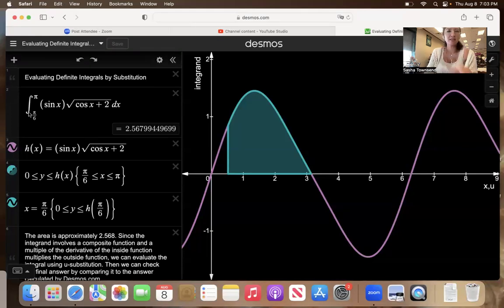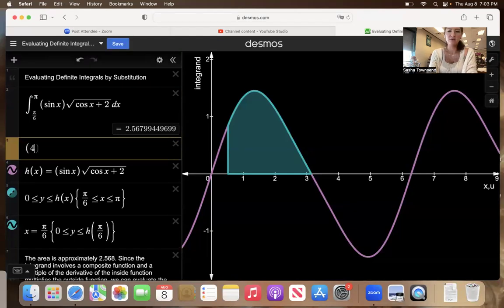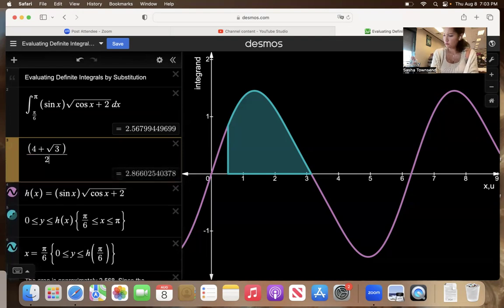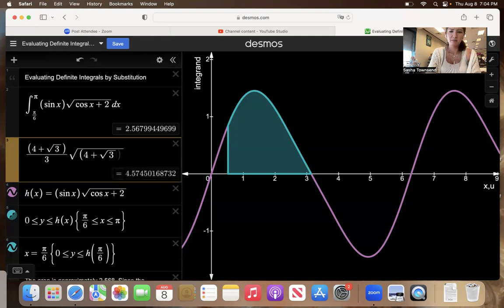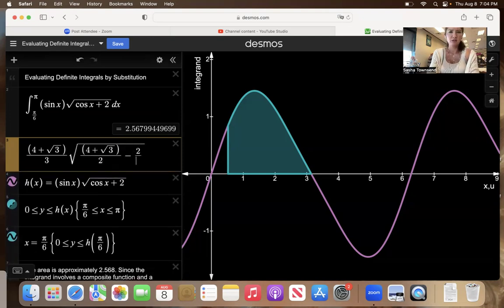So when we evaluate this integral on desmos.com, they give us an answer of approximately 2.568. I'm going to type that answer that I just found. It was 4 plus the square root of 3 divided by 3 after we simplify, times the square root of 4 plus the square root of 3 divided by 2 minus 2/3.